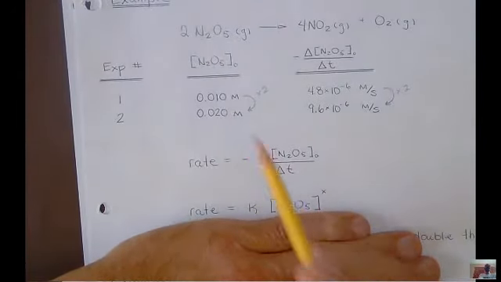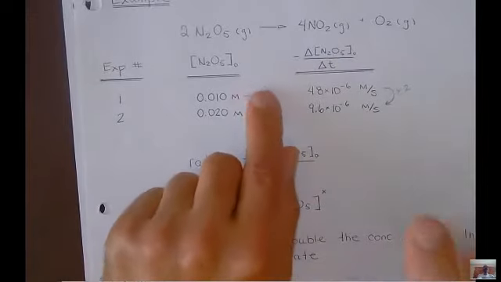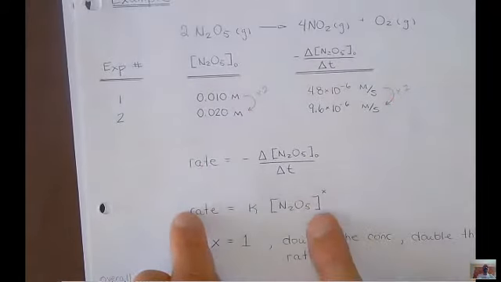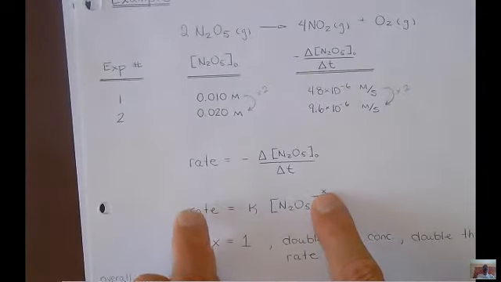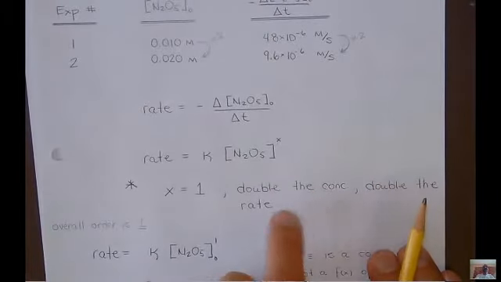Well, I just did. First I put X, but I quickly replace X with a big fat number 1 because I proved that this was linear. What I do over here, I get over here. Okay? Relationship here to here. That's first order. Okay? Double the concentration gives you a doubling the rate. Don't put 2. Okay? It's 1.